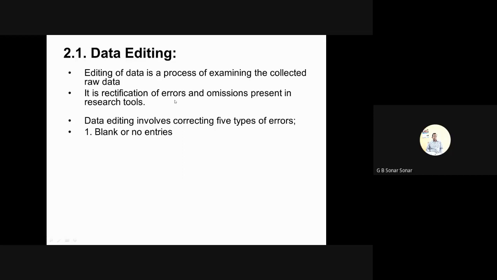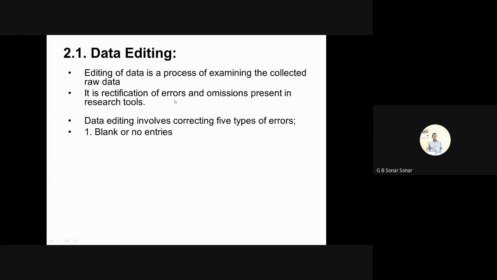It happens because in social science research, when we go for field work, sometimes there may not be a favorable environment. Sometimes due to human error also, we forget to collect answers to all the questions. If some of the questions are not answered, then it is going to affect the sampling framework.